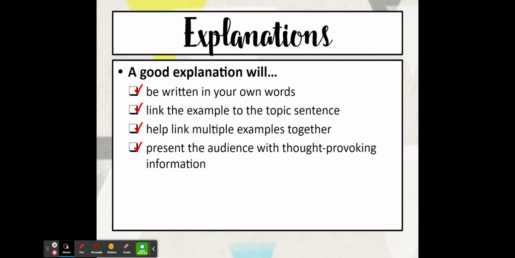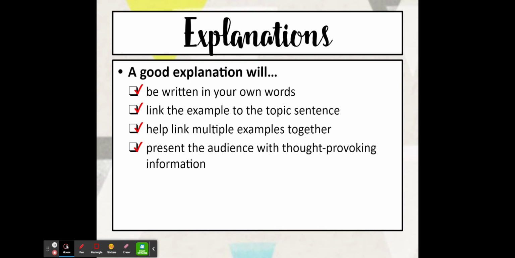So we're doing the most basic form of a body paragraph where you have a topic sentence, an example, and an explanation, and then a transition. But as you write more and more, you're going to have body paragraphs where you have a topic, an example, an explanation, an example, an explanation, an example, an explanation, and then a transition, or something to that effect.